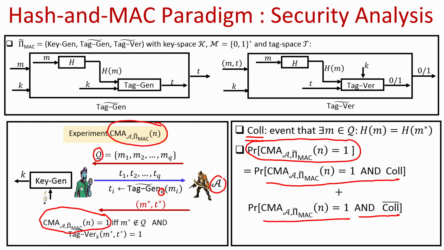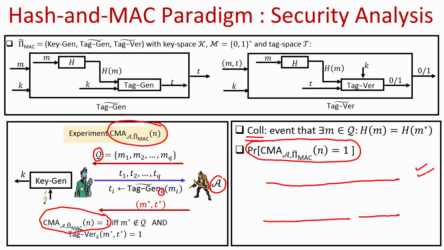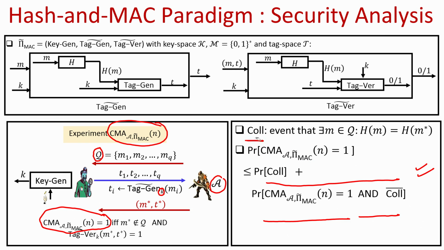This follows from the basic rules of probability, and now I can upper bound this first term by the probability of the event collision happening, and the remaining probability I am retaining as it is. So, just doing some substitutions here, I can always upper bound the probability that the output of the experiment CMA is 1 by this entity.